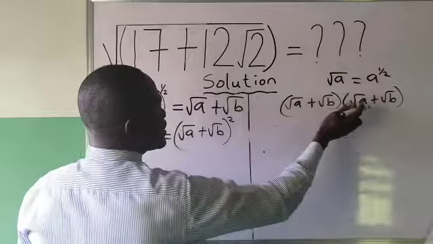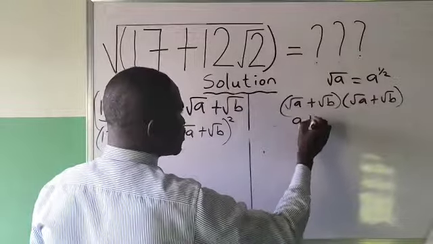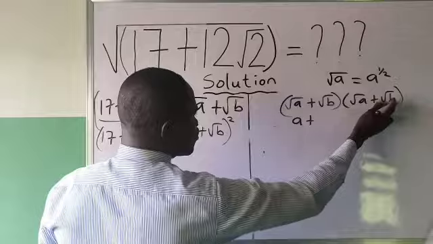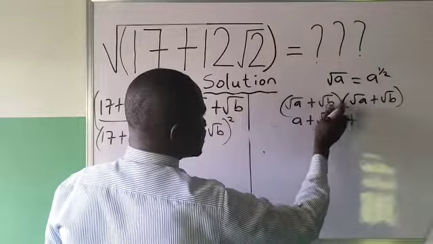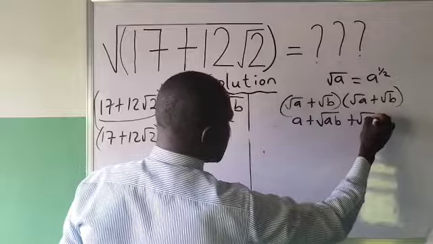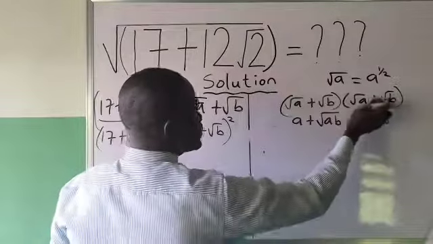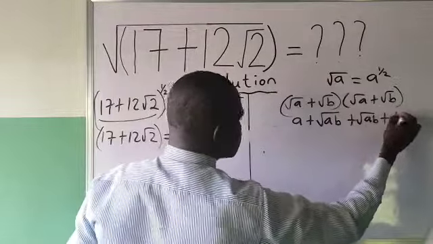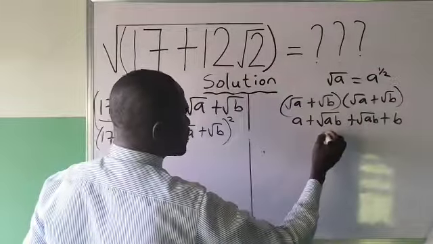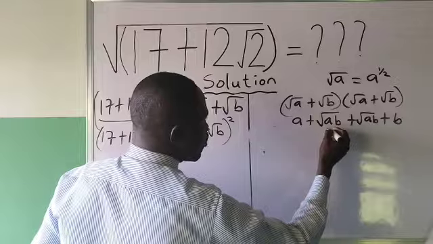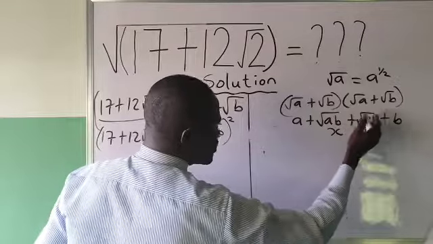So square root of A times square root of A is A, plus square root of A times square root of B will give you square root of AB, plus this times this is square root of AB, this times this is plus what? B. So when I say this plus this, they are the same. Call this X, call this X because they are the same.